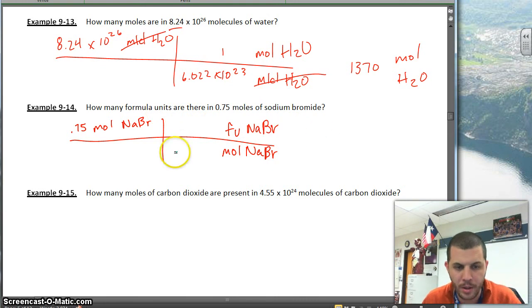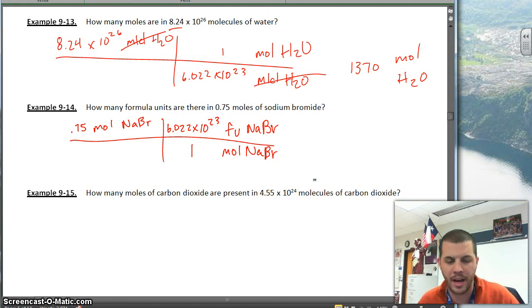I know 1 always goes with mole, and 6.022 times 10 to the 23rd power always goes with particles. Now I just type that into the calculator after I cancel my units: 0.75 times 6.022 second E 23.